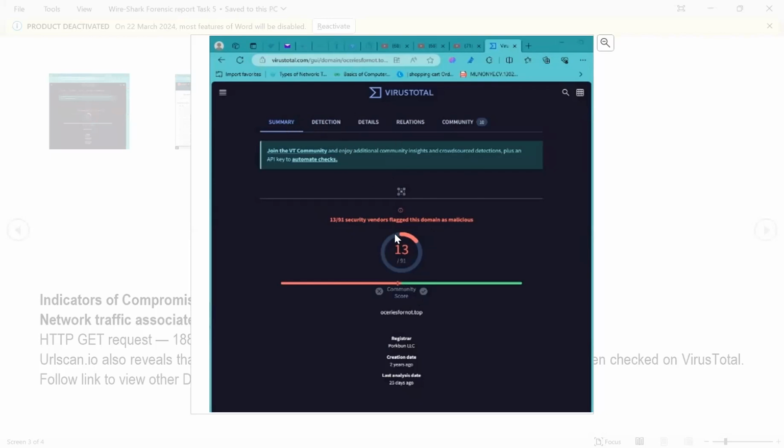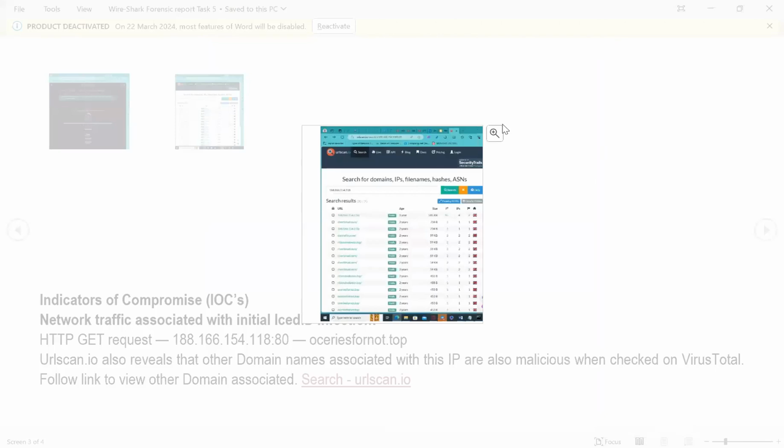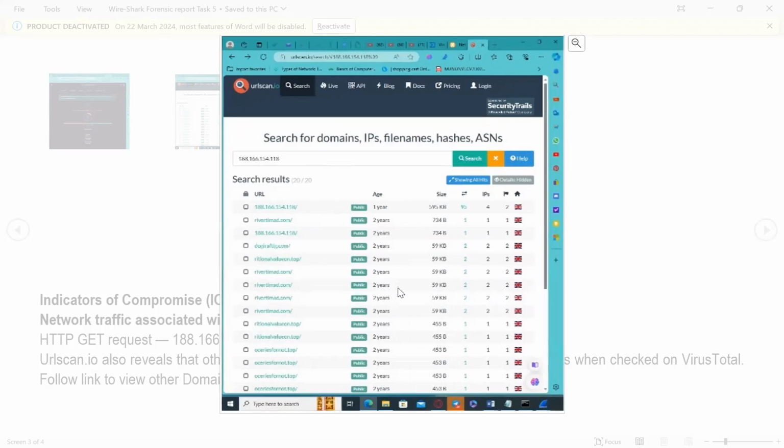So this is a summary tab. The previous tab showed the detection, because we deep dived into VirusTotal itself on Monday, and he also went into URL scan. It's a bit glitchy here, but I don't know if you can see this clearly.